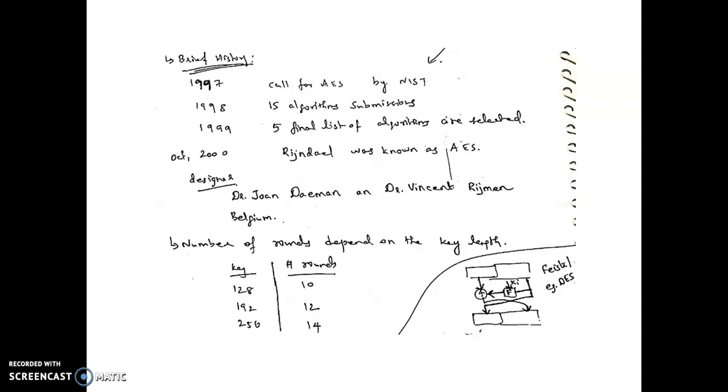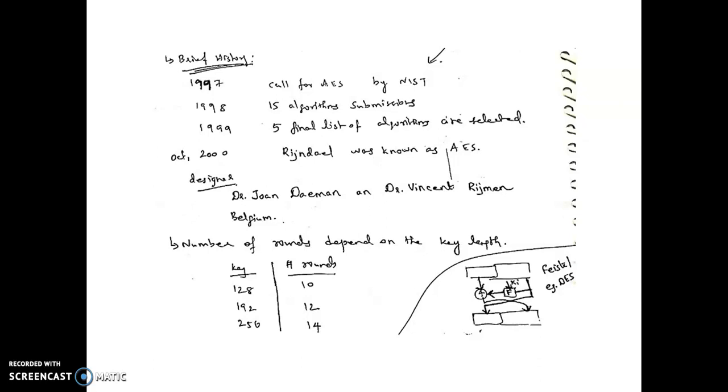In DES there are 16 rounds, but in the AES algorithm the number of rounds varies depending on the key length. There are 3 different key sizes in AES. If a 128 bit key size is used, the number of rounds is 10.